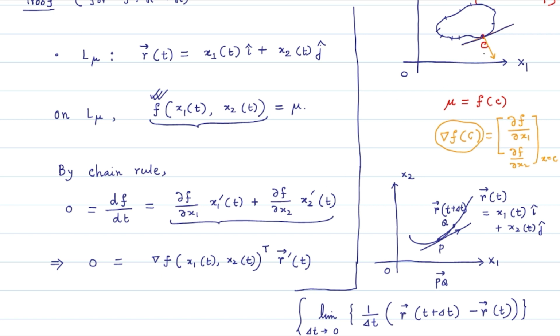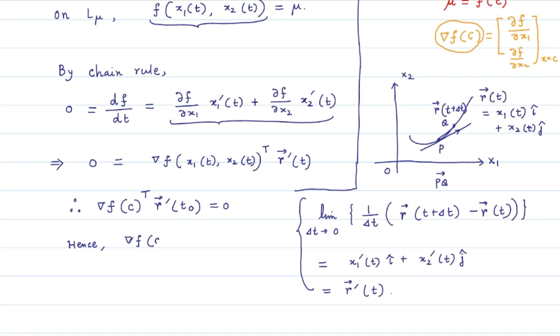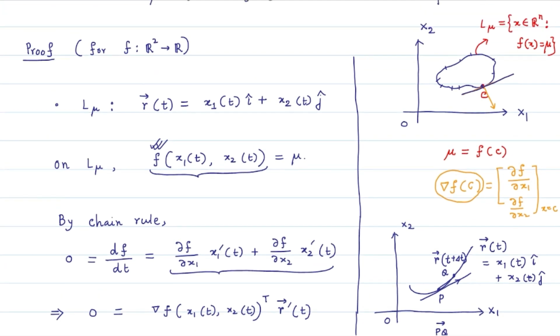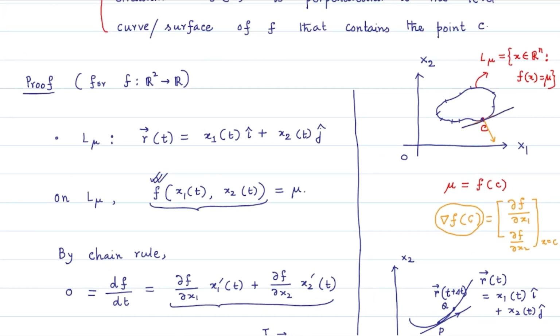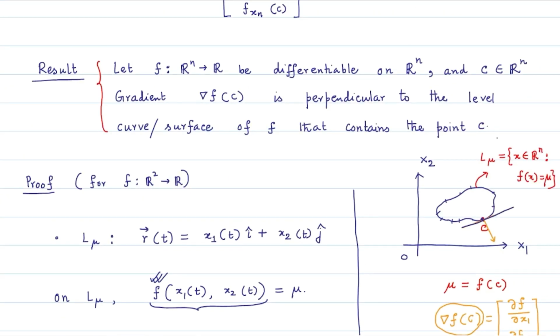So at this point C we get grad f at C transpose the direction of tangent on the level curve at the point t naught is equal to 0. Hence grad f at C is perpendicular to the tangent vector on the level curve L mu at the point C, and that is the result that we have stated over here.